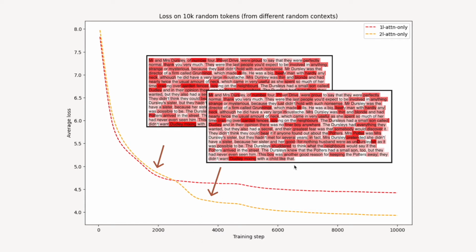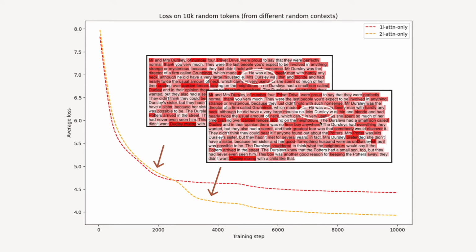I've shown here loss on the Harry Potter demo text. Now, of course, this isn't 10,000 random tokens, but you can do the same operation on a demo text like this. So the difference I'll be taking is between these token-wise losses after the bump and the token-wise losses before the bump. If we look at these raw losses, it's a little difficult to immediately see what's different, although you can see some straight away, with the naked eye.